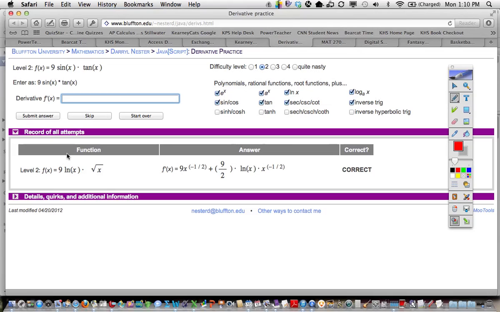All right, ready to see it? I've got 9x to the negative 1/2. When you do the derivative of the first thing, you get 9 times 1 over x times x to the 1/2 left alone.